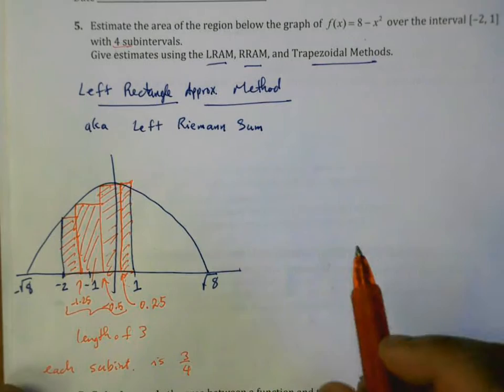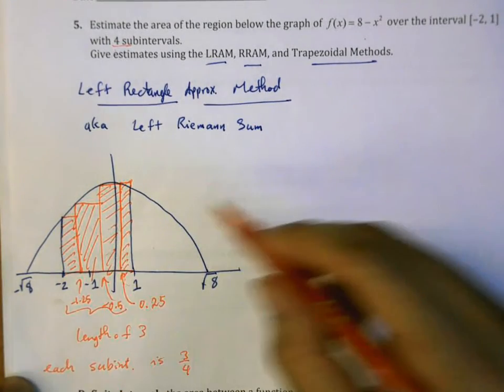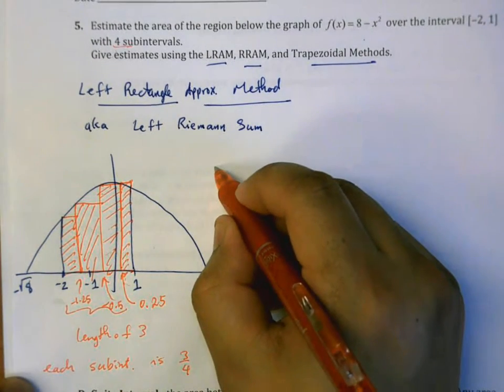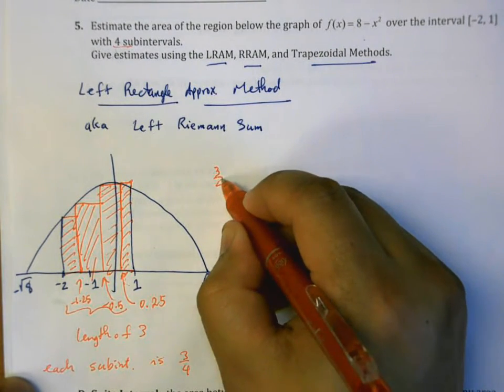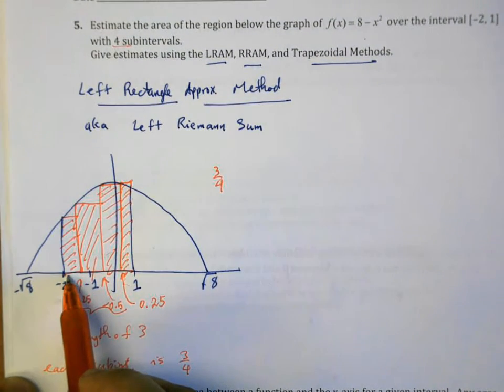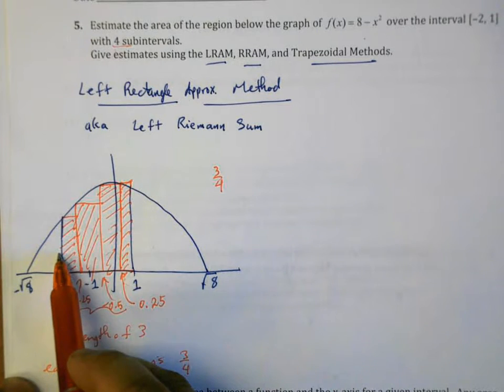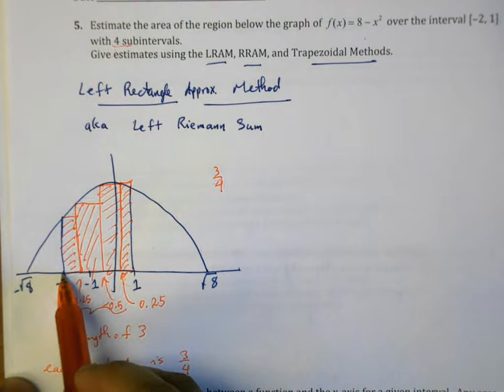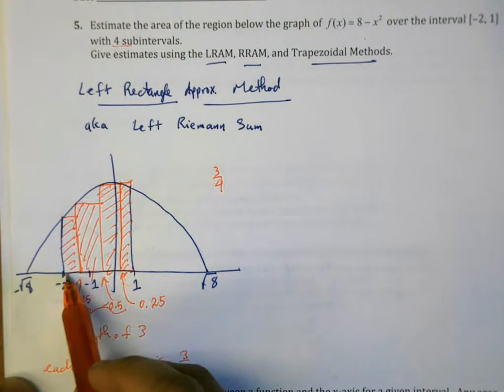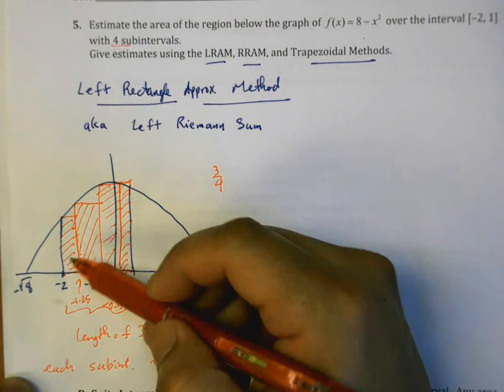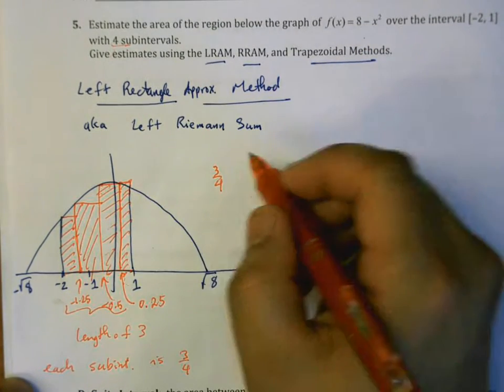if you notice here, the first rectangle is going to have a base of 3/4. That's just this length here. And a height, well, this height here is f of negative 2. In other words, put negative 2 into this function, and that tells us how high this is.